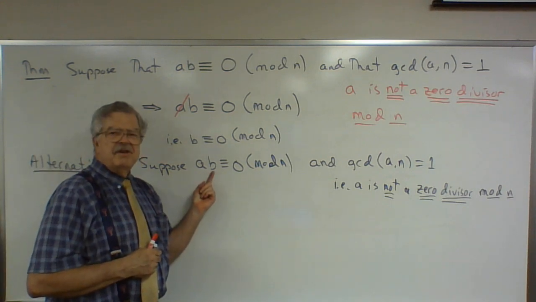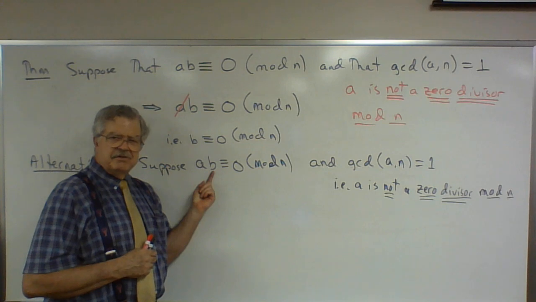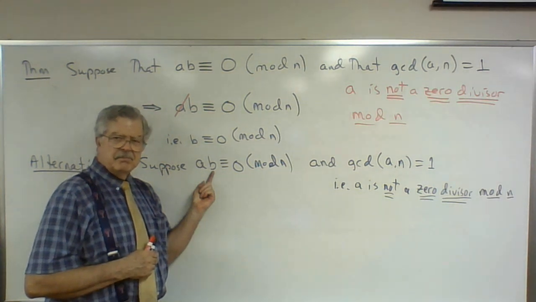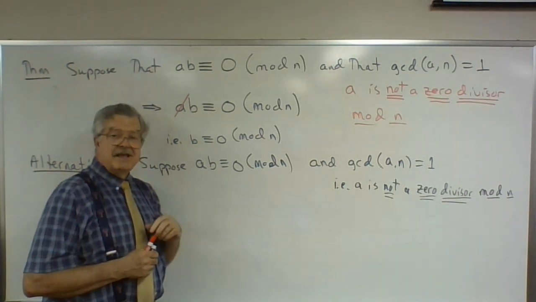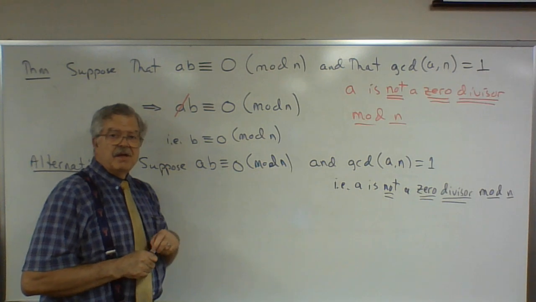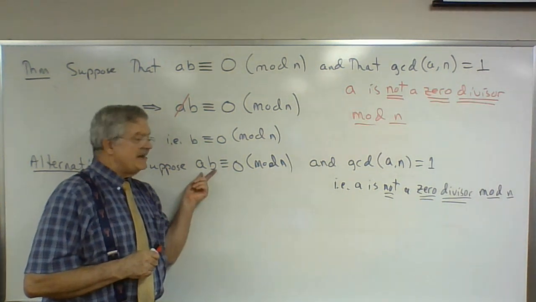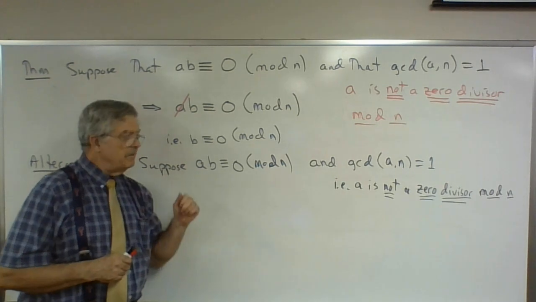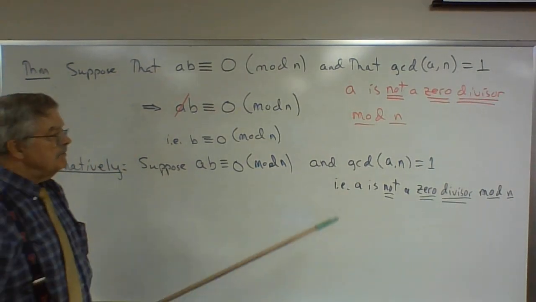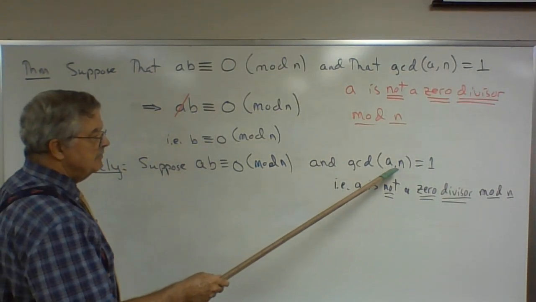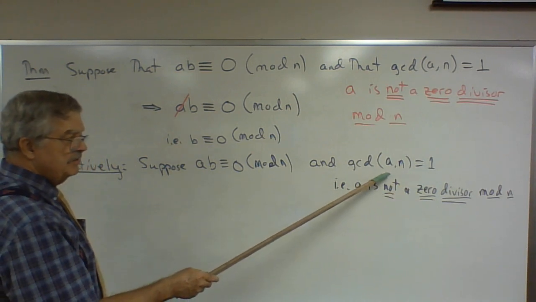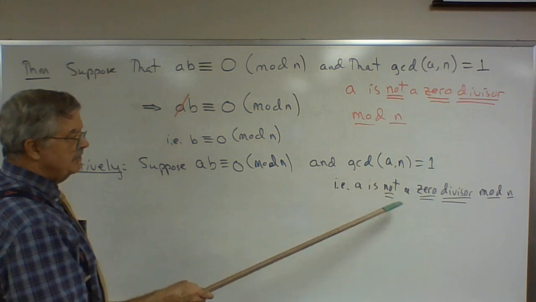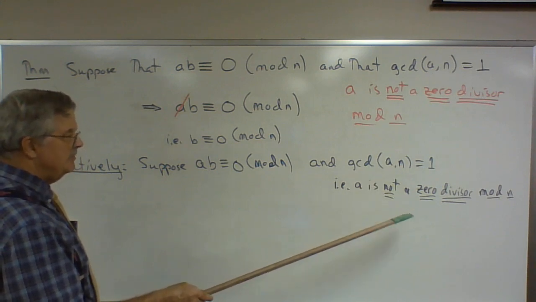So if B is not congruent to 0 mod n, then B would just be some number that we multiply A by to get 0 mod n, which would make both B and A divisors of 0. But see here, the greatest common divisor of A and n is 1. A is relatively prime with respect to n, so A is not a zero divisor.